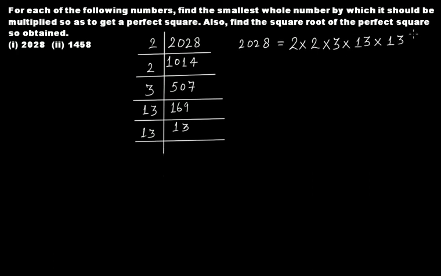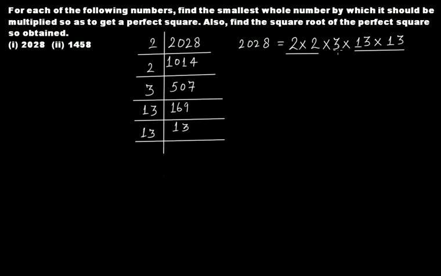Now if you remember, in part 1 we have solved such problems and discussed them in detail. So please watch part 1 of this video series on problems on square root. I'll put the video link in the description box below. Now here, this number is clearly not a square number because 2 is in pair, 13 is in pair, but the prime number 3 is not in pair.